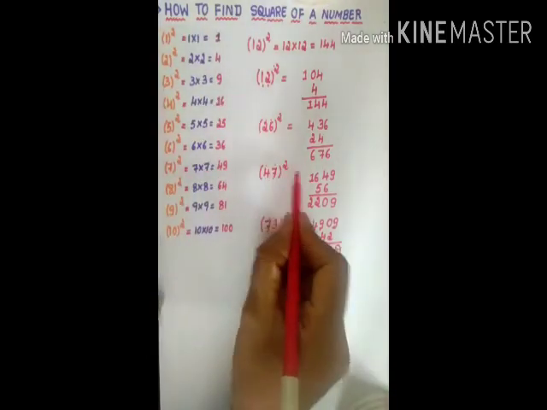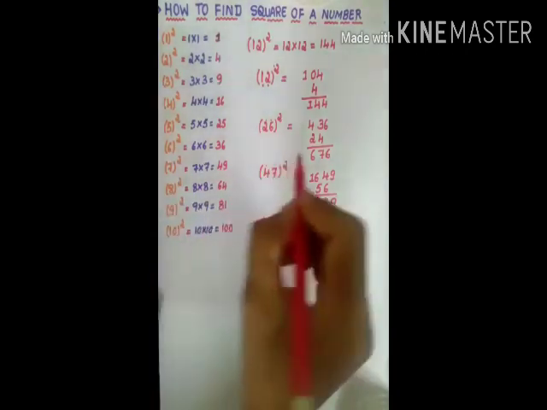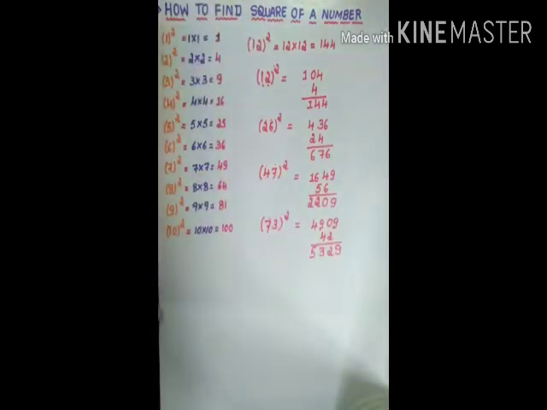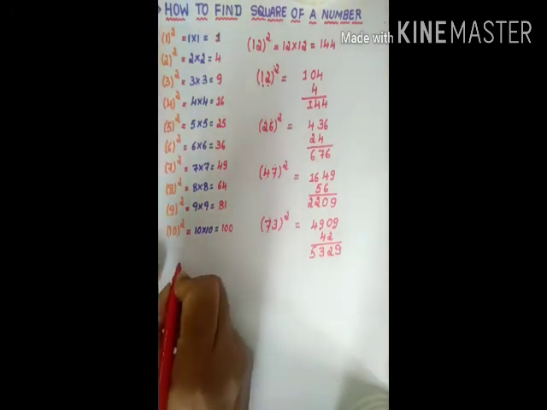Similarly 47: 7 square is 49, 4 square is 16, 4 7s are 28, then 28 2s are 56. Add. You are getting this. So this way we can find the square of a 2-digit number from 10 to 99.